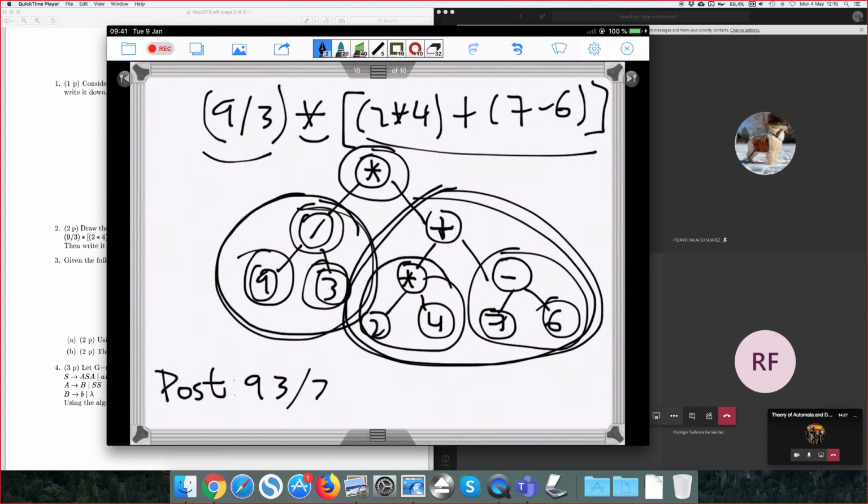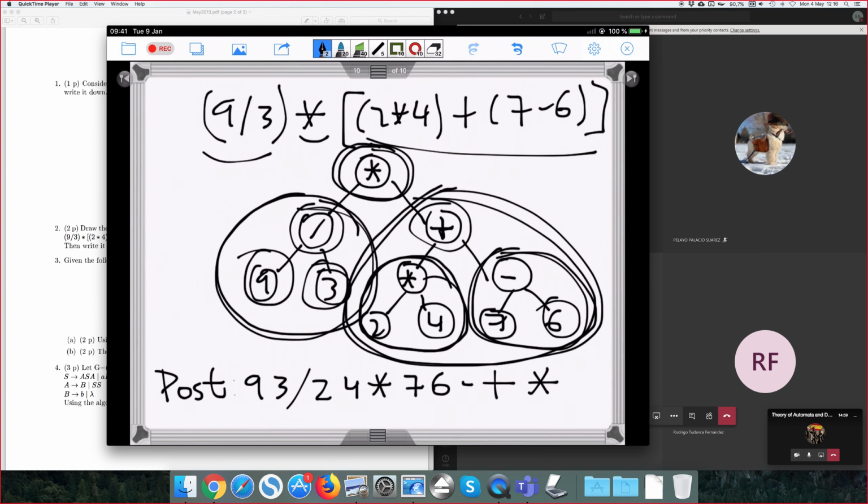So 2, 4, multiplication, because I apply again the post order in this subtree, then post order in this subtree, so 7, 6, minus, then the root, and then the root of the whole tree, which is this multiplication. And this is the postfix notation for the expression.